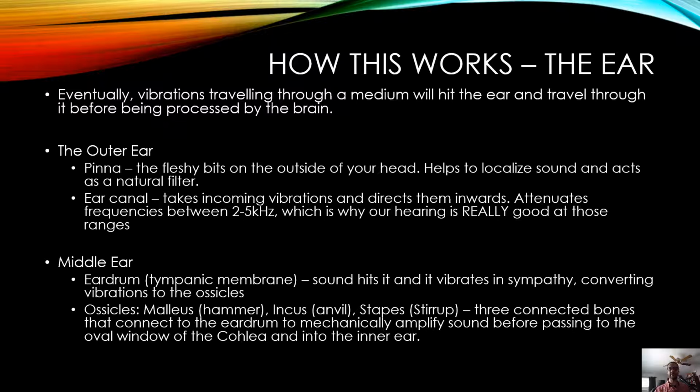Anyway, sound hits it and it vibrates in sympathy to the sound waves that are hitting it, and it passes those vibrations to the ossicles, which are three little bones that are connected to the eardrum and act to mechanically amplify sound before passing them to the oval window of the cochlea and into the inner part of the ear. There are three bones called the malleus, the incus, and the stapes, or the hammer, anvil, and stirrup. Take a guess at what they look like.